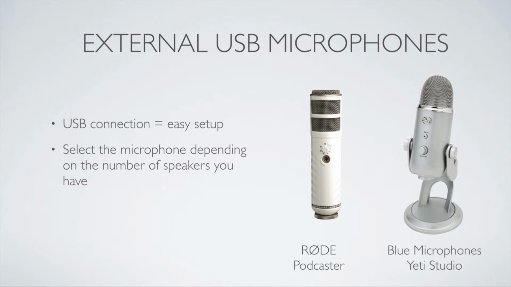I have here like two examples. The first one on the left side is the Rode Podcaster microphone, which is a very good microphone for podcasting, USB microphone. But that's like a direct microphone if you have only one speaker, and you need some kind of holder that holds the microphone by your mouth.